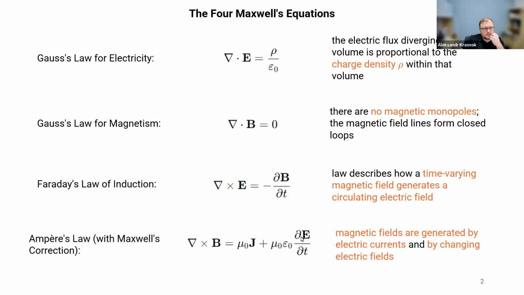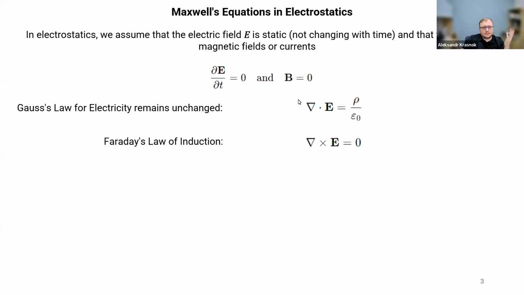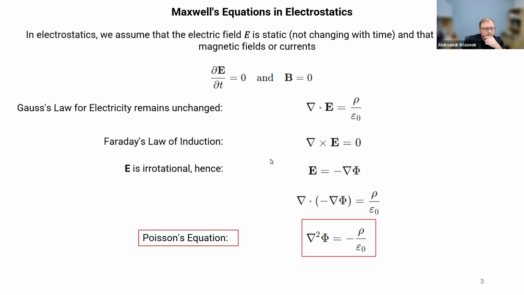These are the Maxwell equations. In electrostatics, we imply that the electric field doesn't change in time and the magnetic field is absent. From these assumptions, we derive the main electrostatic equation, which is the Poisson equation for the electric scalar potential phi.